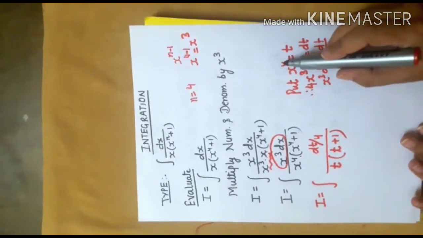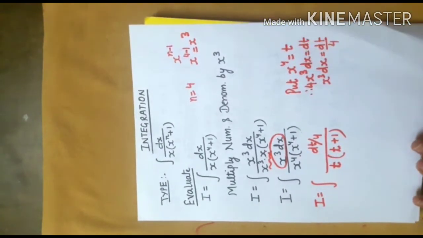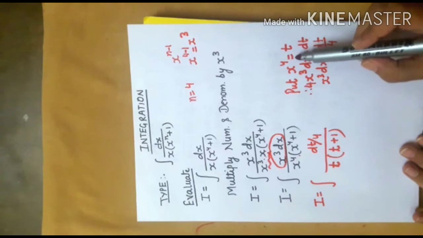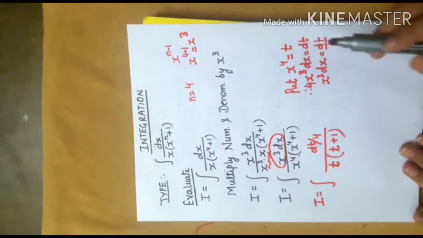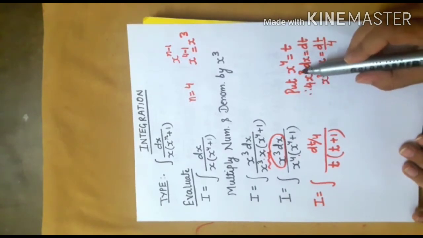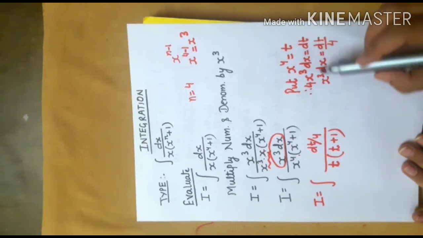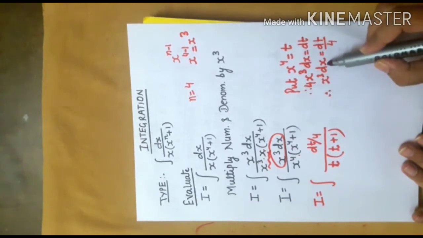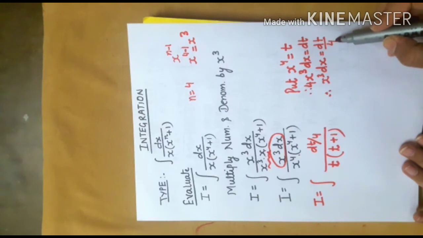Now I'll put x raised to the power 4 as t. On differentiation with respect to x, I get 4 into x cube dx is equal to dt. Therefore x cube dx is equal to dt by 4.